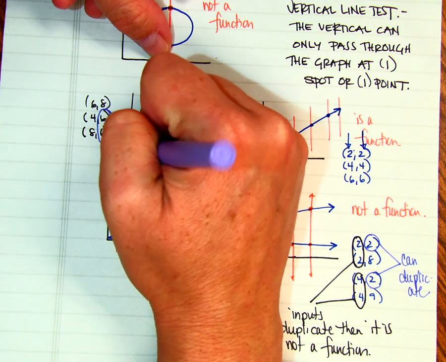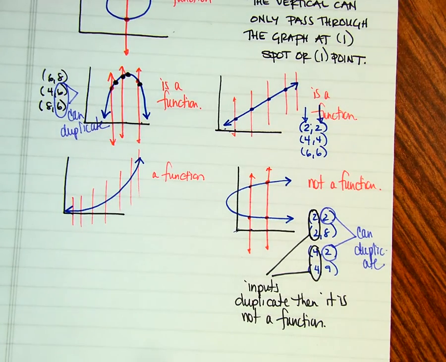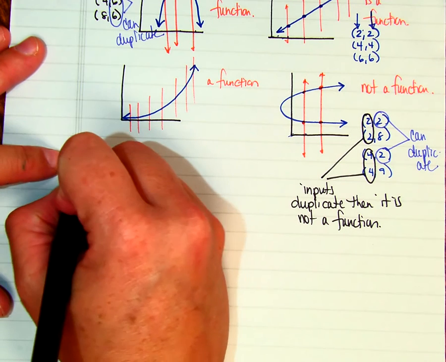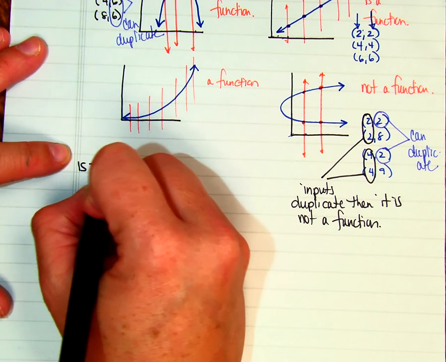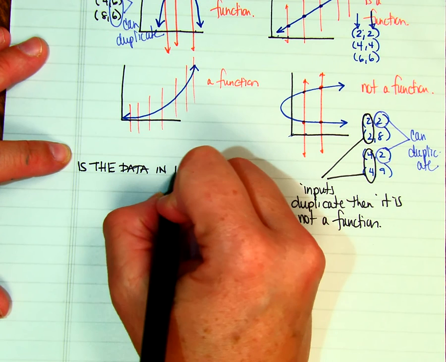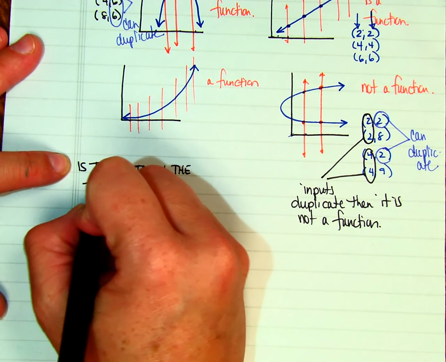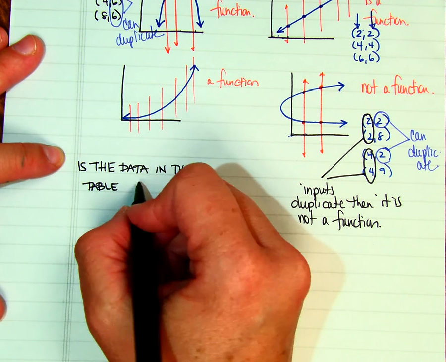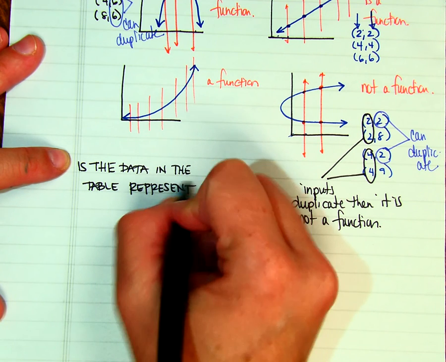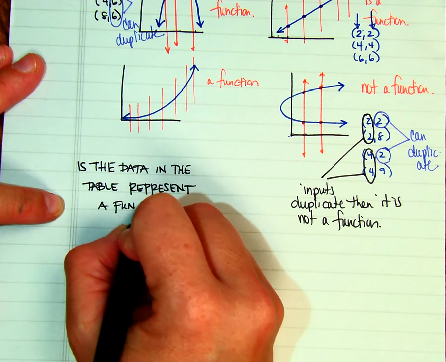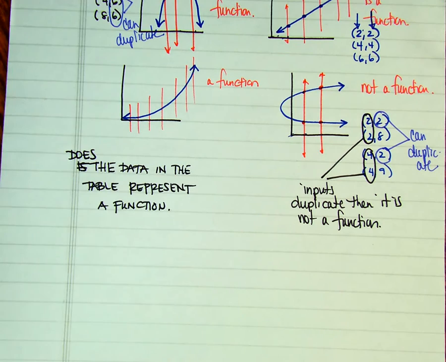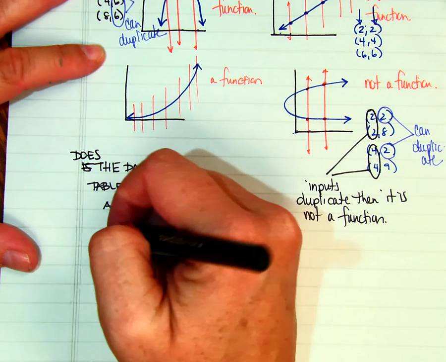Okay? So if I give you a set of ordered pairs, I'm asking you, does the data in the table represent a function?